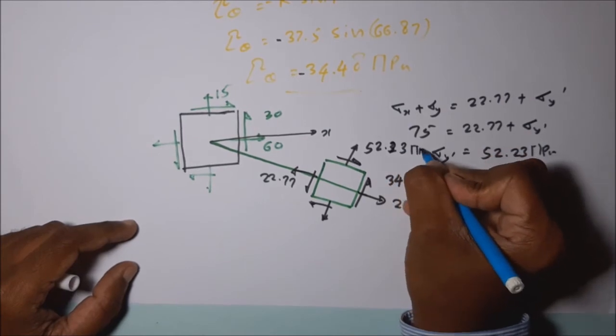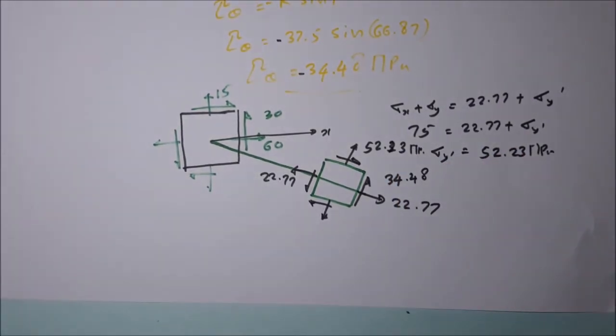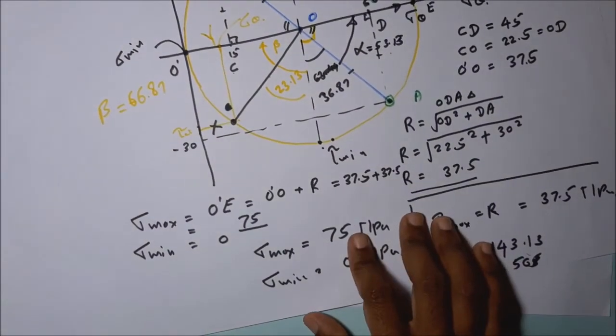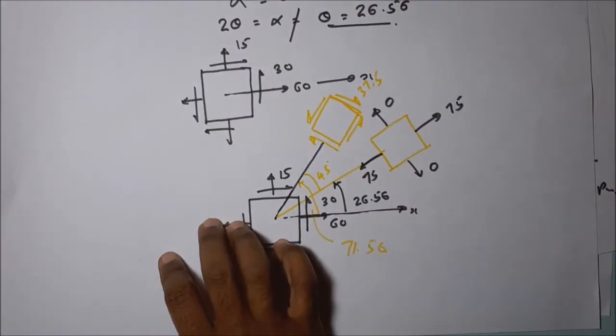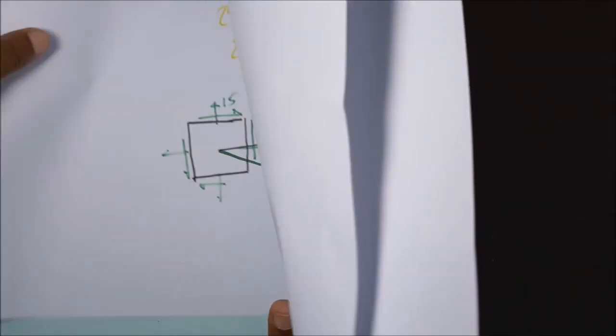This is how we find the stresses using the Mohr circle diagram. I think you are all clear with this example, no? Then let's move to the next example.